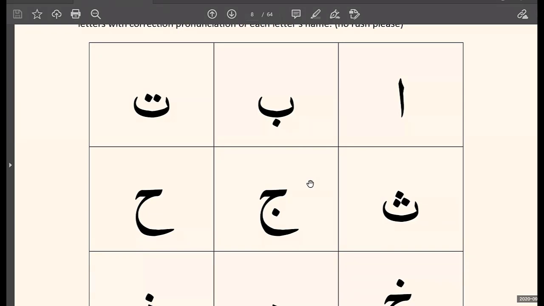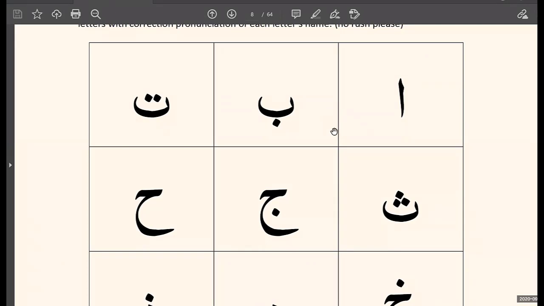And how many categories or kinds of letters in regard to dots? There are two kinds. 14 are without dots, dotless, and the rest of them have some dots, 1, 2, and 3. Minimum 1 dot and maximum 3 dots.